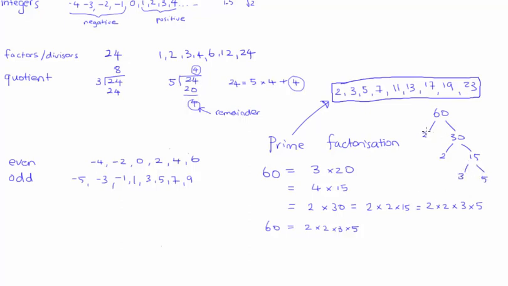If you collect all these prime numbers at the end, 2, 2, 3, 5, then you get 60. So 60 is 2 times 2 times 3 times 5, and that's indeed true. You can prime factorize anything simply by dividing a number by prime numbers until you end up with just prime numbers.